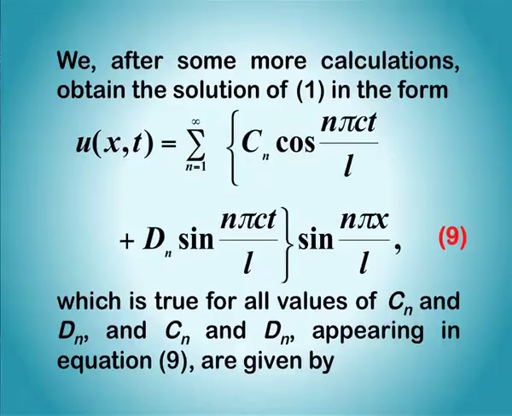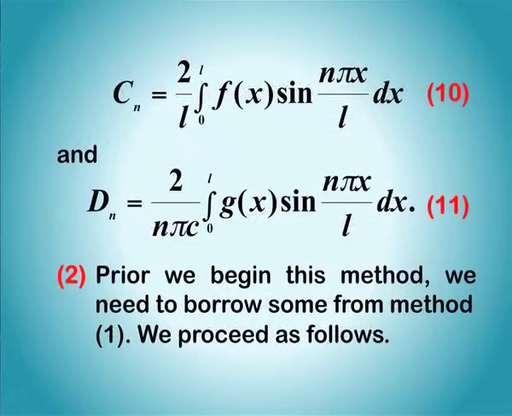Then this Cn and Dn appearing in equation 9 are given by, because we have to define those two constants, Cn and Dn. Cn is given by this integral. Cn is equal to 2 upon L, integration ranges from 0 to L, f(x) sine of n pi x upon L dx, equation 10. And similarly, almost the same is equation 11.